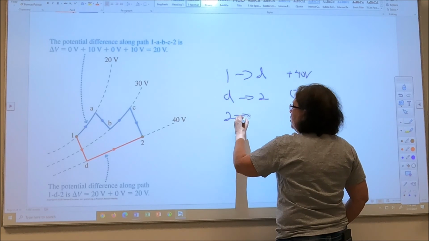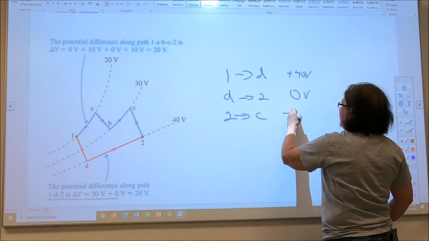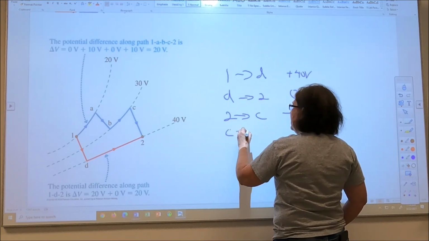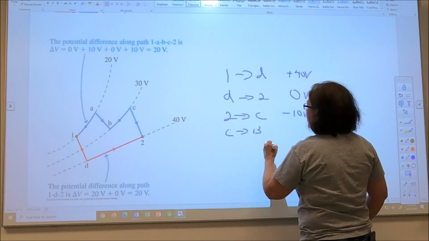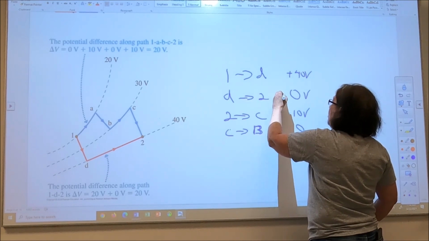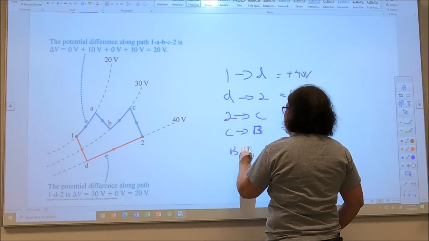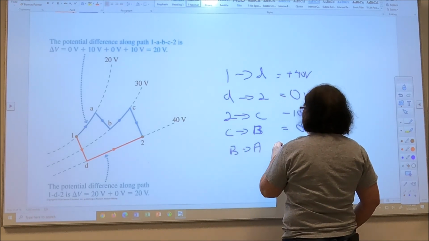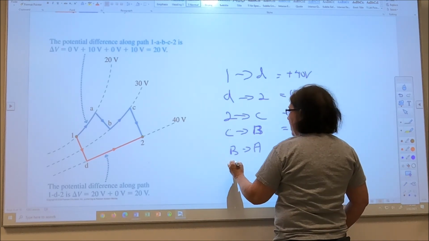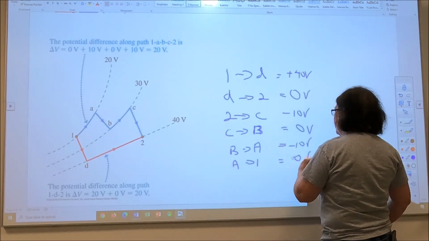If I went from 2 to C, that would be a minus 10 volts. If I went from C to B, that's 0 volts. If I go from B to A, that's a minus 10 volts. And if I go from A back to 1, that's 0 volts.